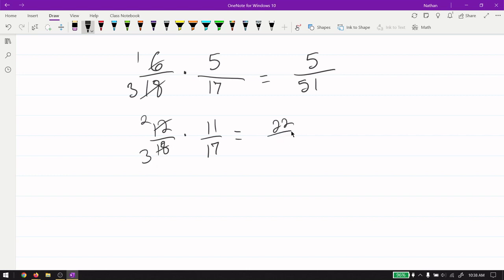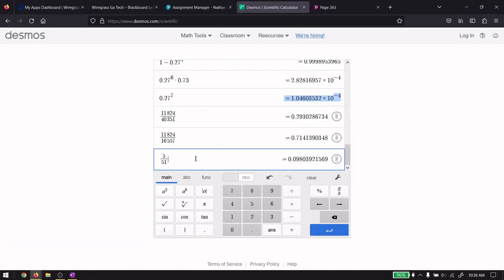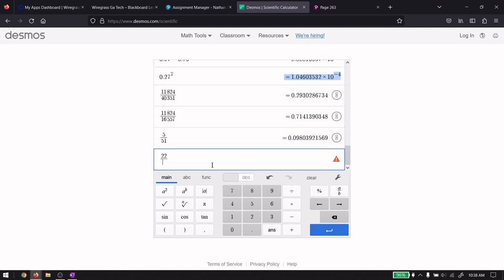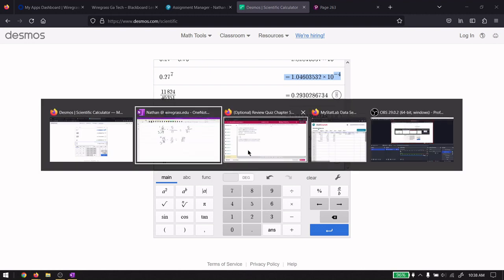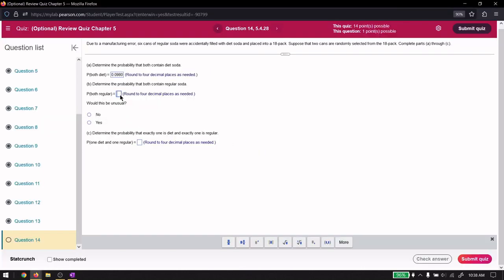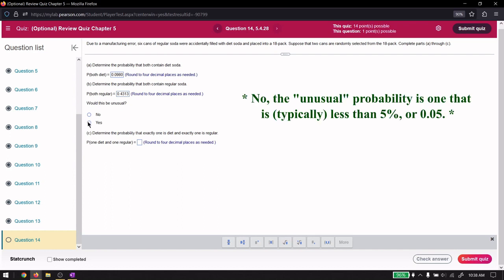We get 22 out of 51 for our probability. And this gives us 0.4313. Okay, would this be unusual? Yeah, because it's less than 50%.